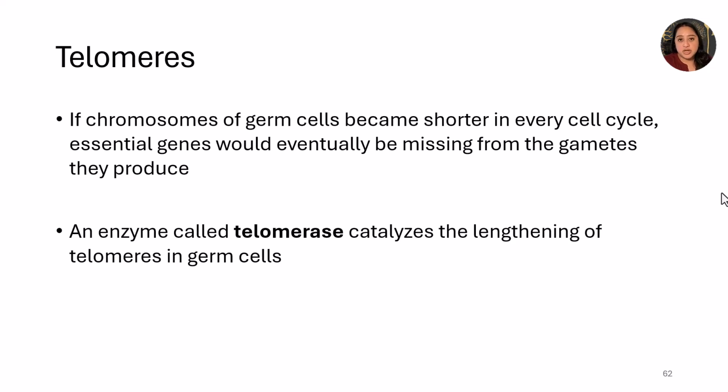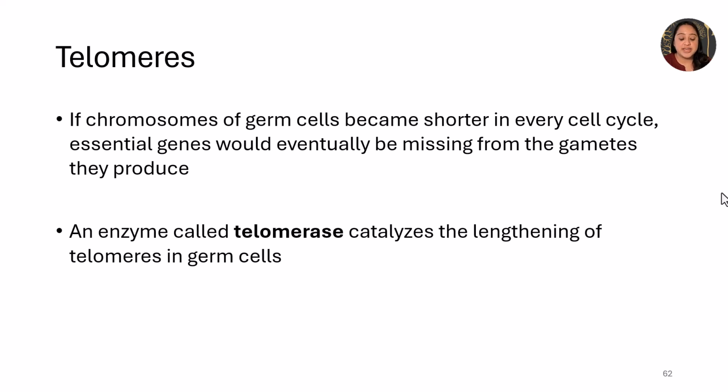And that's pretty important. It's helpful because if chromosomes, especially in germ cells, so again, germ cells are specialized cells that will end up dividing to become gametes, if those got shorter every single cell cycle, then eventually essential genes would be missing from the gametes that they produce. So in germ cells, there is an enzyme called telomerase.